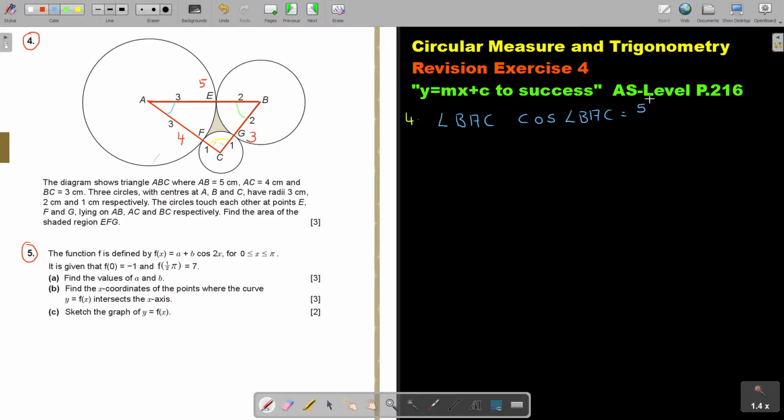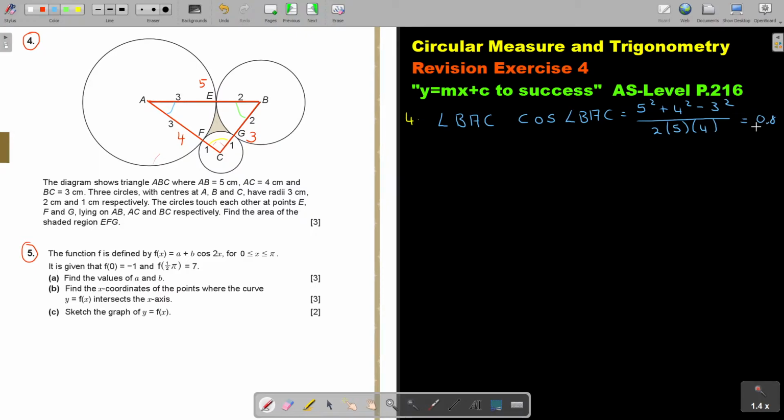So 5 squared plus 4 squared minus the one opposite, divided by 2 times 5 times 4. That's going to be 0.8.